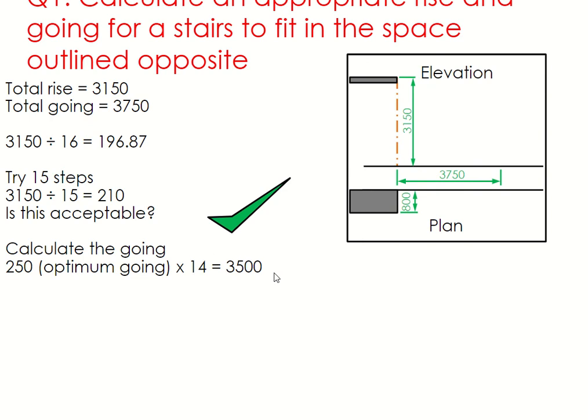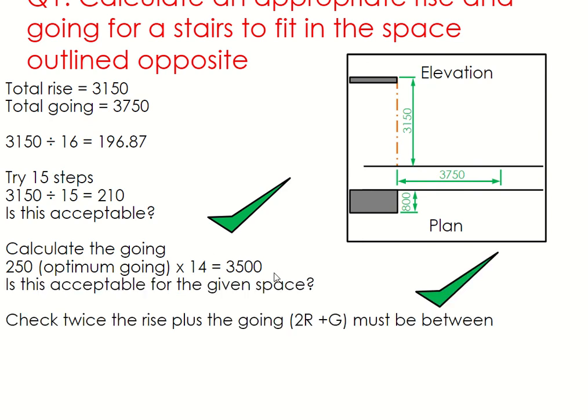Again, the measurement there we got was 3,500. Then we need to do our last calculation after we get the rise and the going, and that is the formula. Remember, it is twice the rise plus the going, and it needs to be between 550 and 700.